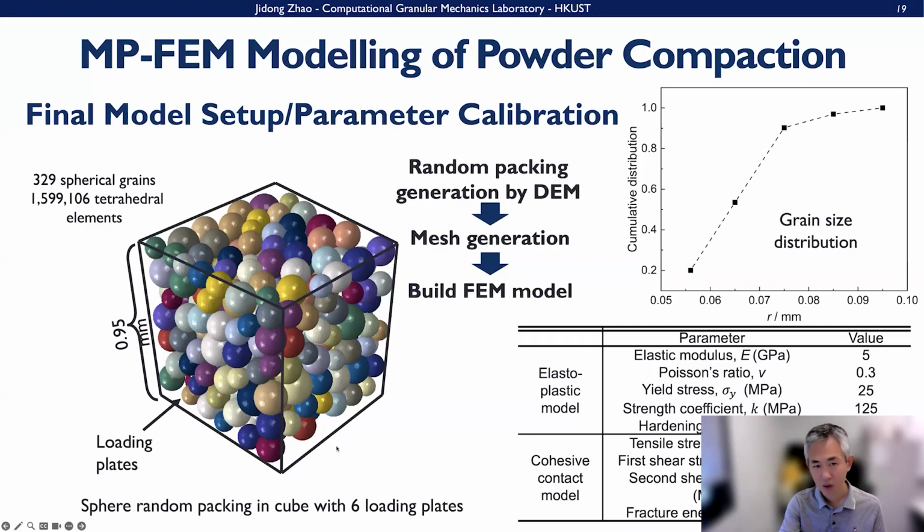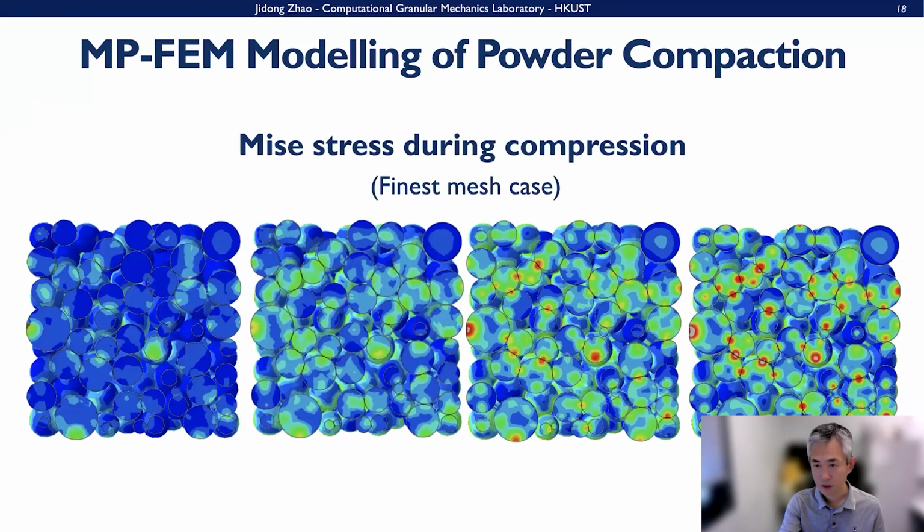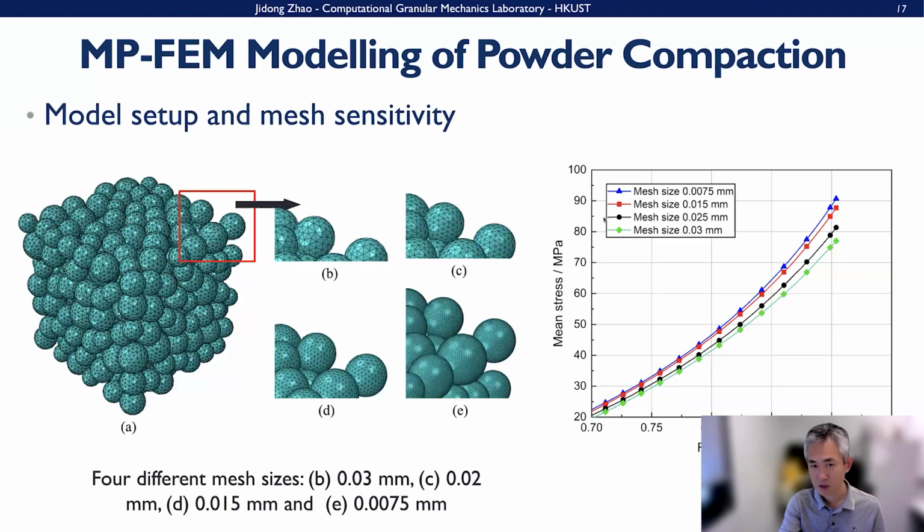And then we load it in a rigid cube here. And the sphere particles have a grain size distribution between 0.055 millimeters and around 0.0995. These are the model parameters we used here.